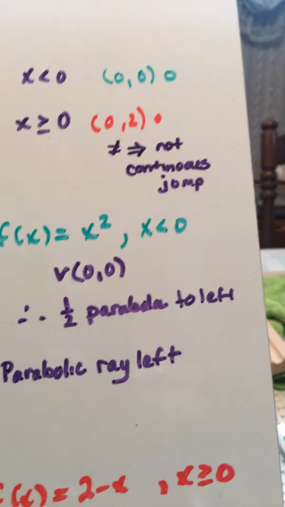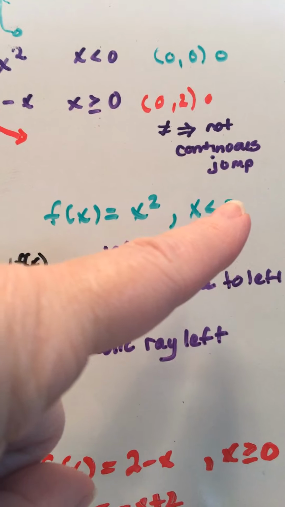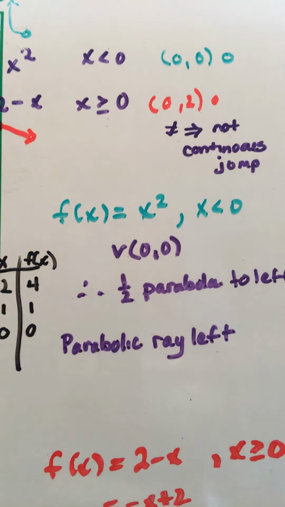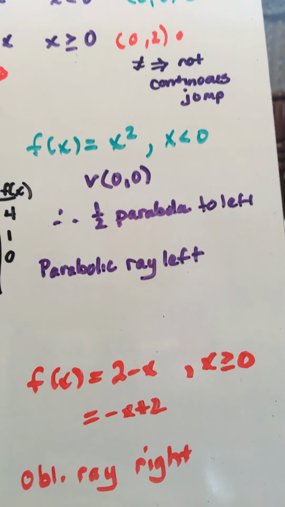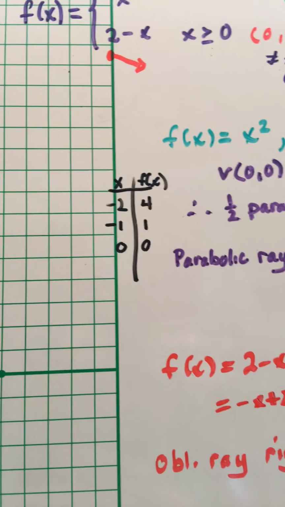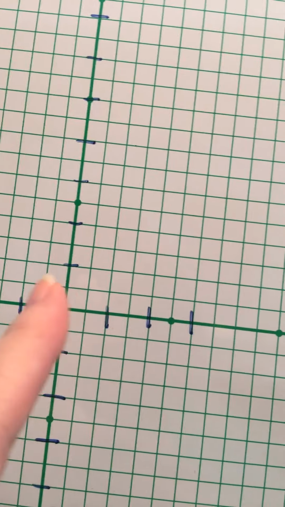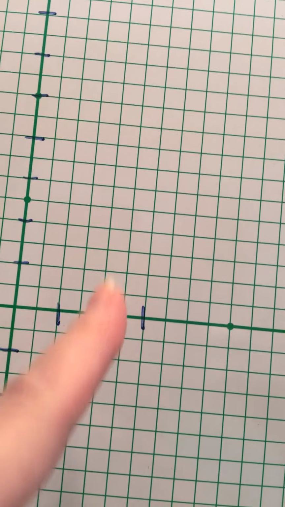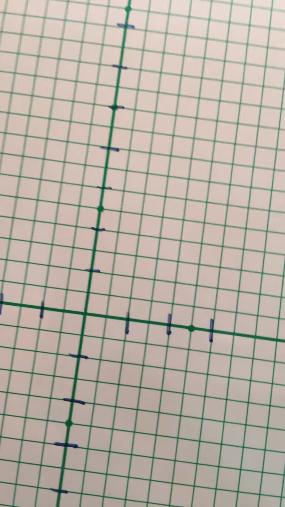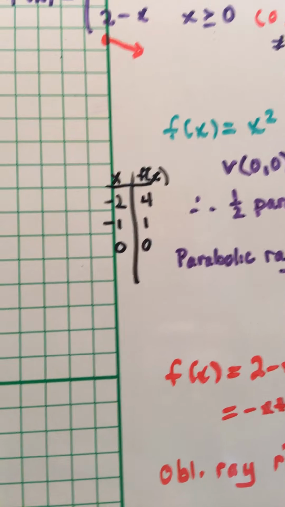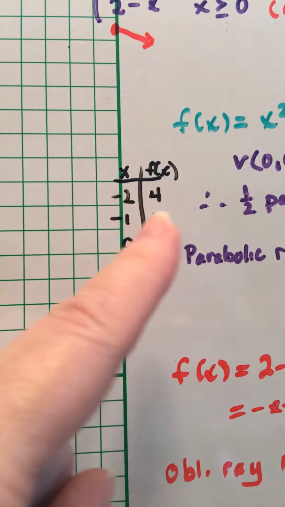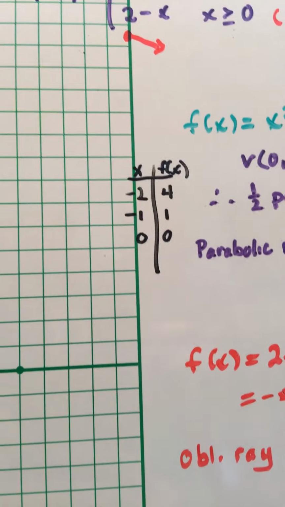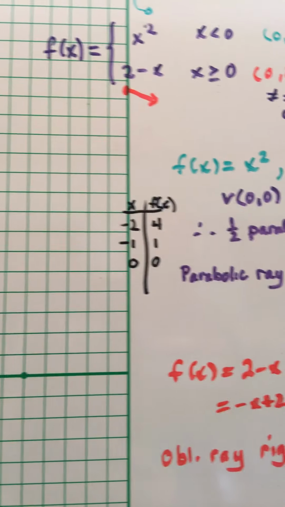So I checked to see that it is exactly half. See, the 0 matches the vertex. So it's half of the parabola to the left. So you can still think, okay, right 1 up 1, oh no, left 1 up 1. You can still think right 2 up 4, oh no, left 2 up 4. Or you can make a table, left 1 up 1, left 2 up 4. It really doesn't matter all that much.